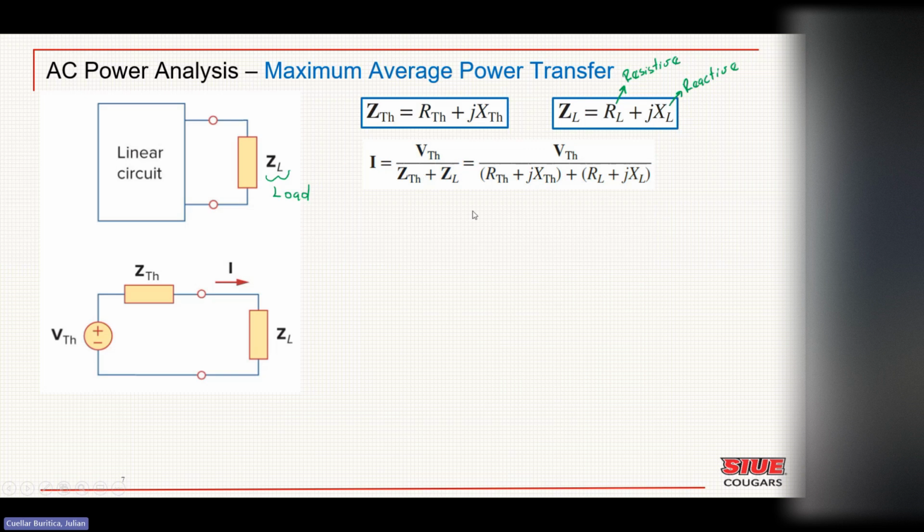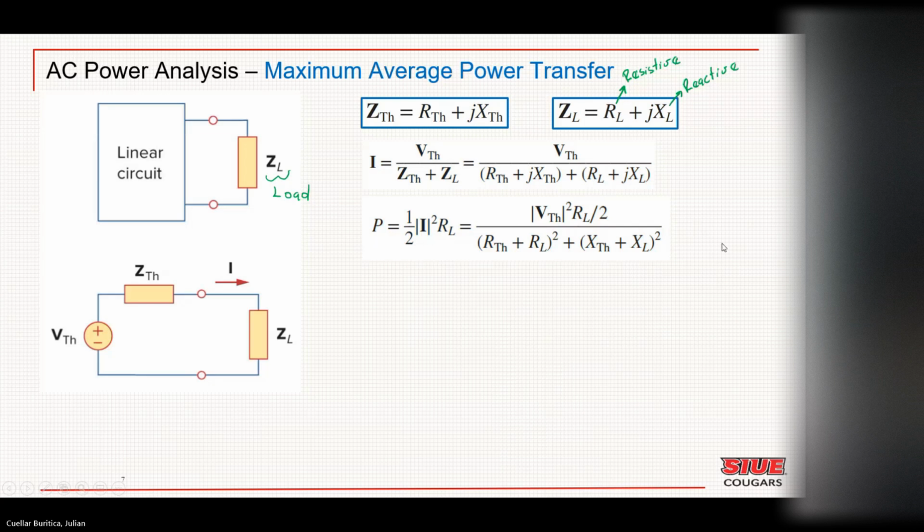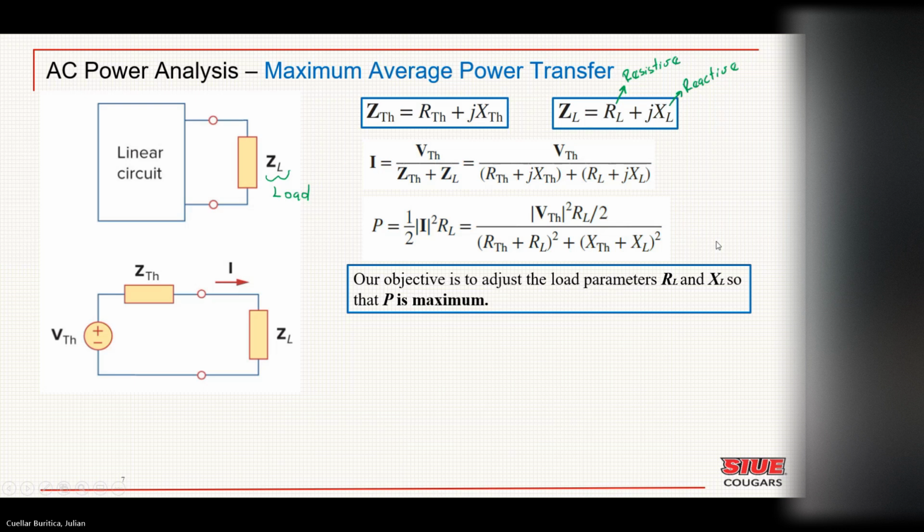If we continue working in this way, we'll see that we can use the standard formula for the power, and the objective in this function is to adjust the value for the load parameters.